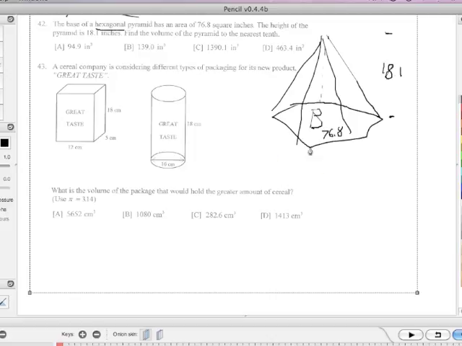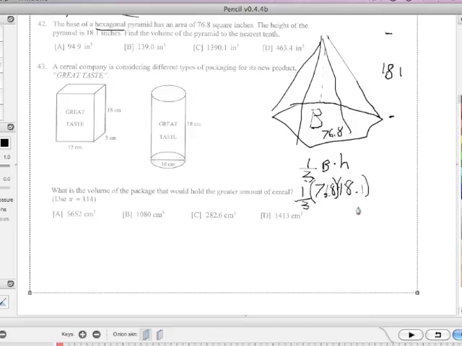And the volume of a pyramid is 1/3 the big B, which is the area of the base, times the height, which is 18.1. This is 76.8, and this whole thing by 1/3. So when we do this multiplication, we should get the answer.